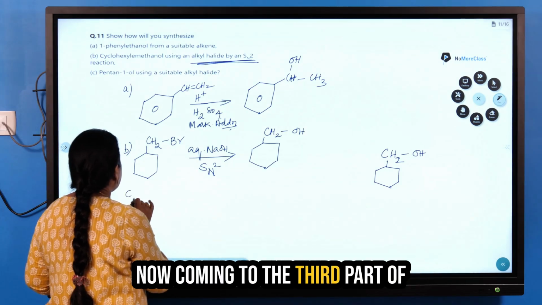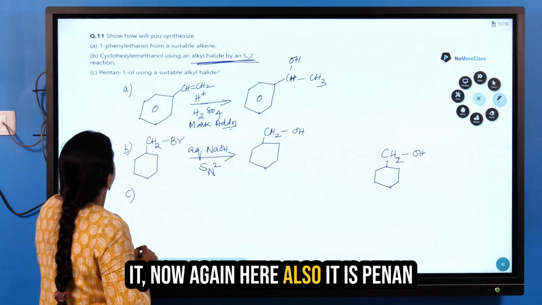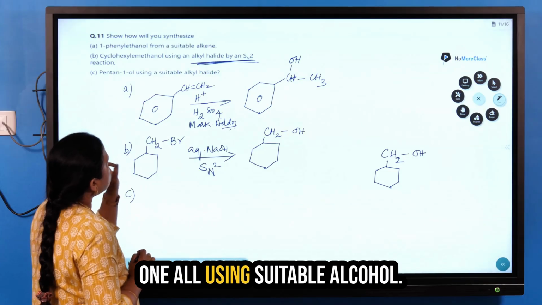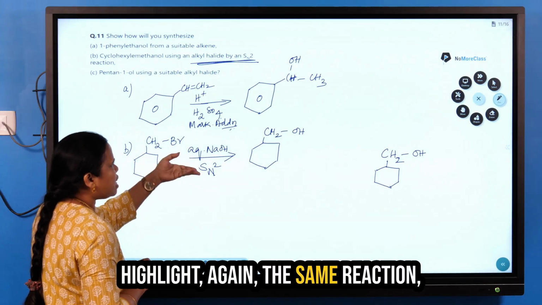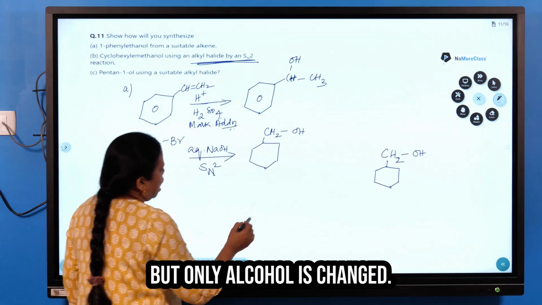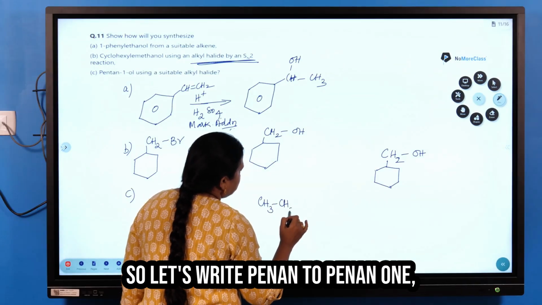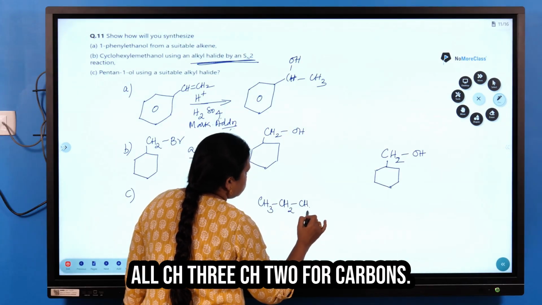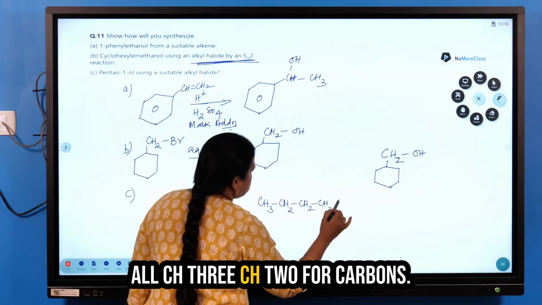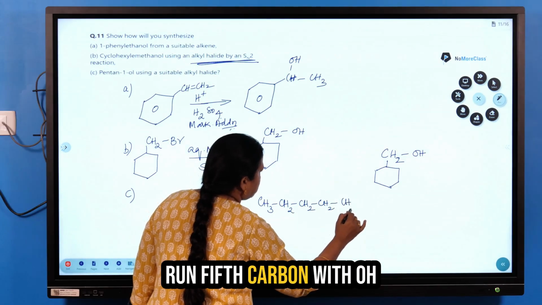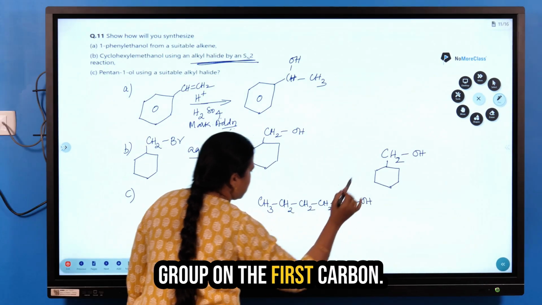Now coming to the third part. Again here it is pentan-1-ol using a suitable alkyl halide. Again the same reaction, only the alcohol is changed. So let's write pentan-1-ol: CH3, CH2, 4 carbons done, the 5th carbon with the OH group on the first carbon.